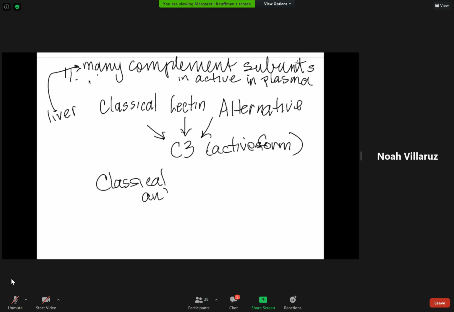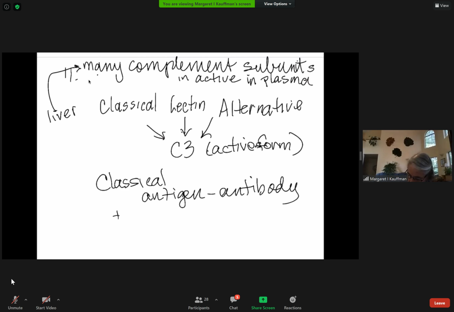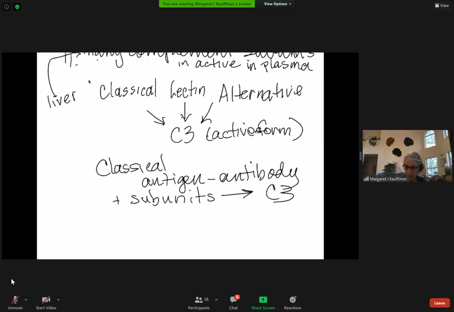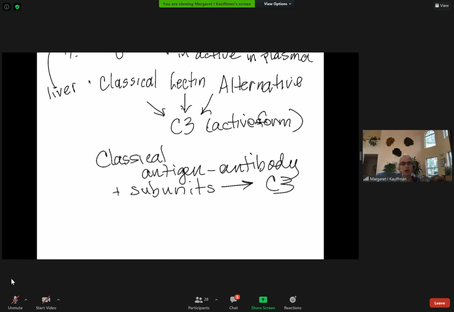And if I recall, it doesn't matter if it's cellular or acellular. Plus subunits, and you end up with C3. Okay, and that's good that you added that. The antigen can be on the cell or it could be something released by the cell.